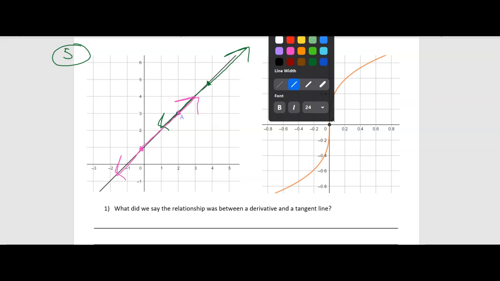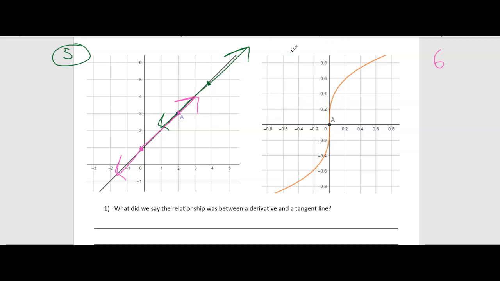And let's head over to number 6. So can I draw a tangent line at point A? It looks like I can. However, again, the derivative is the slope of the tangent line. So we have a vertical tangent line here, which means our slope is undefined, right?